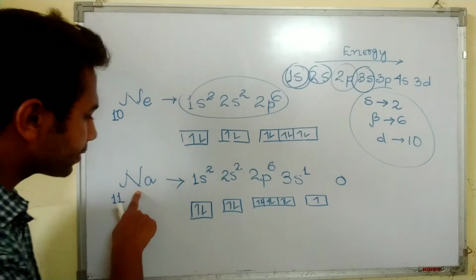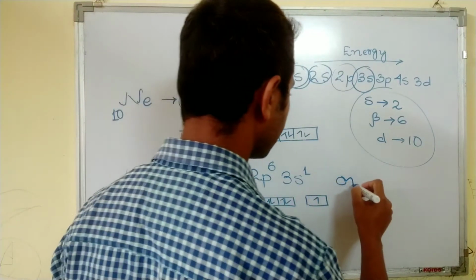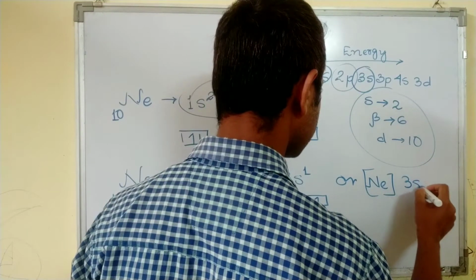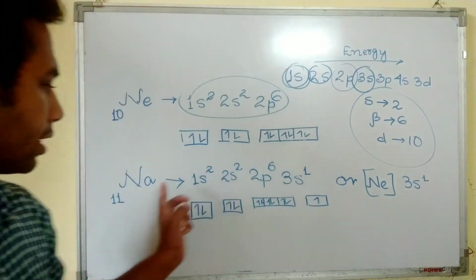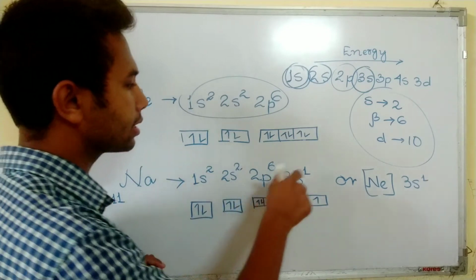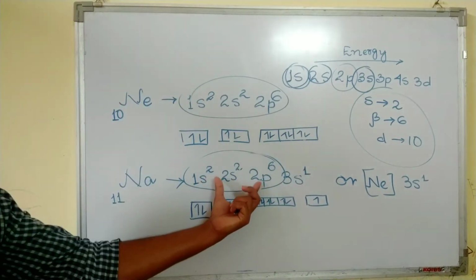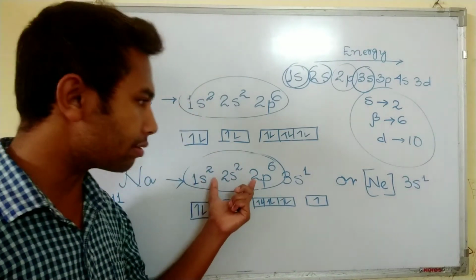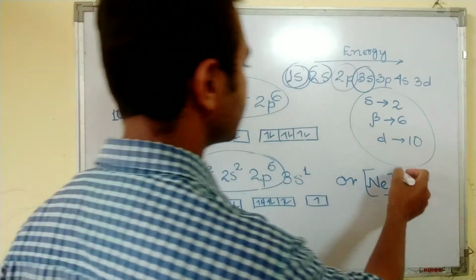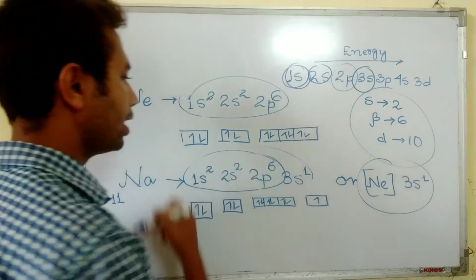So the electronic configuration of sodium we may also write like this: neon 3s1. Here you see the electronic configuration of sodium is 1s2, 2s2, 2p6, 3s1. Up to this, the electronic configuration is that of neon. So here we may write neon, and after that 3s1. So this will be our electronic configuration of sodium.